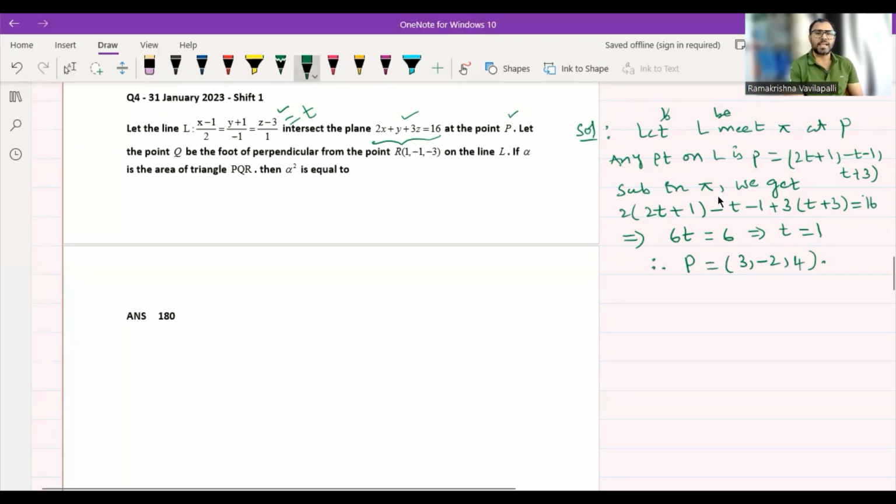Now, let the point Q be the foot of perpendicular from the point R 1 minus 3 on the line. So part 1 is over. Now part 2.